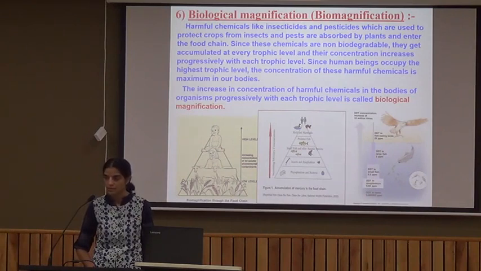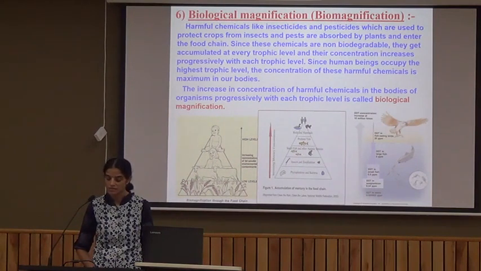Since these chemicals are non-biodegradable, they get accumulated at every trophic level and their concentration increases progressively with each trophic level. Since human beings occupy the highest trophic level, the concentration of these harmful chemicals is maximum in our bodies.